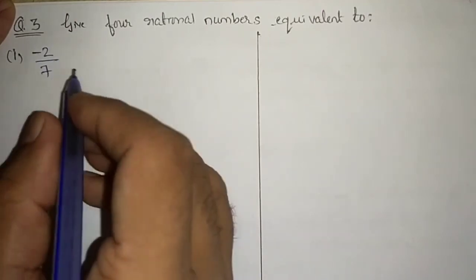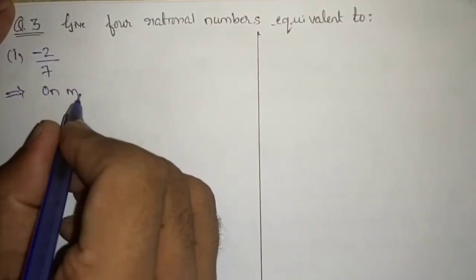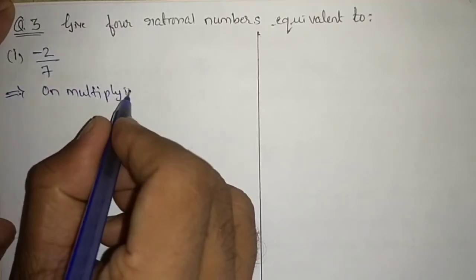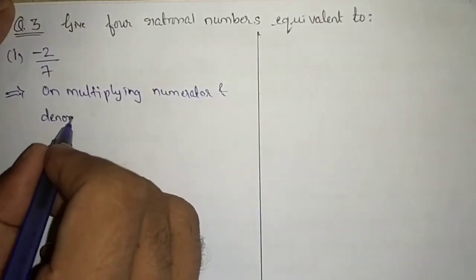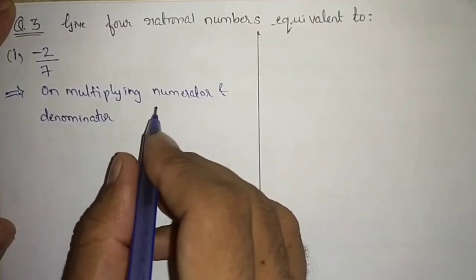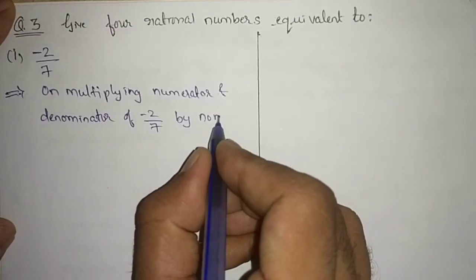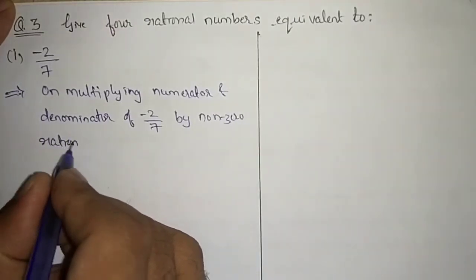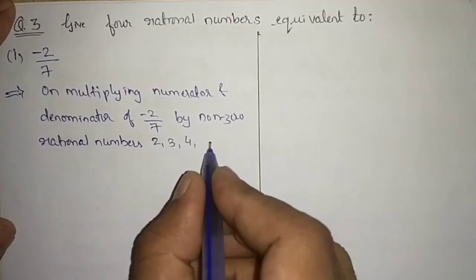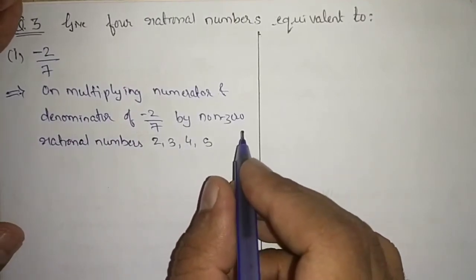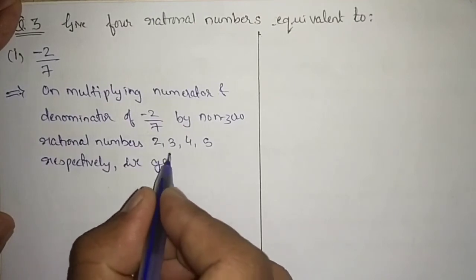in numerator and denominator. So I will write, on multiplying numerator and denominator of minus 2 by 7 by non-zero rational numbers 2, 3, 4, 5 respectively, we get.